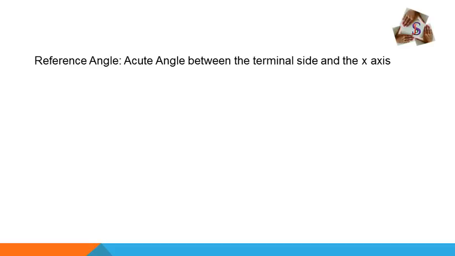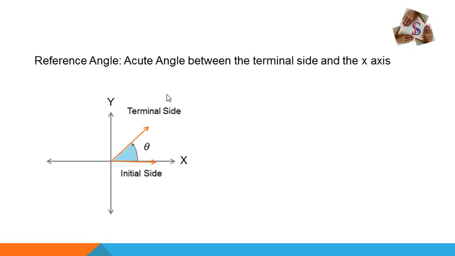It is the acute angle between the terminal side and the x-axis. Now what do we mean by this? An angle is formed when two rays originate from the same point, and this point is called the vertex.